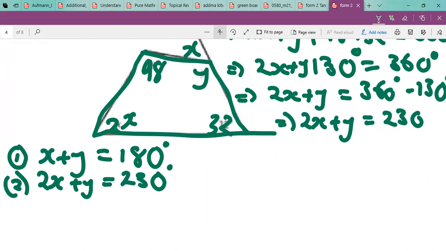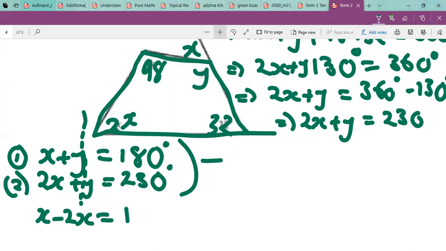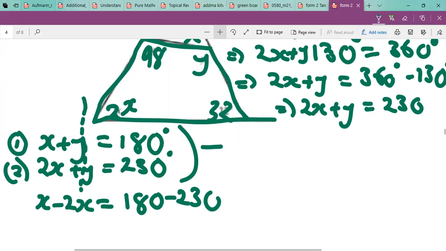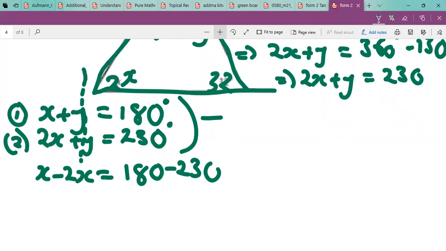So we can solve these equations simultaneously. You can use any method. In this case, I can use elimination by eliminating y, so I'll subtract. This will cancel, so you have x minus 2x is equal to 180 minus 230.